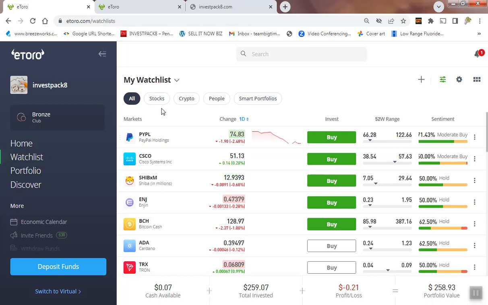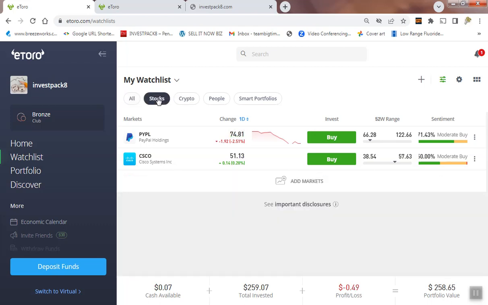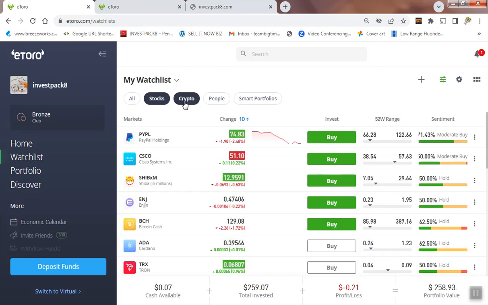You can do stock, do crypto. All right, so let's do this. You see everything while you're going.